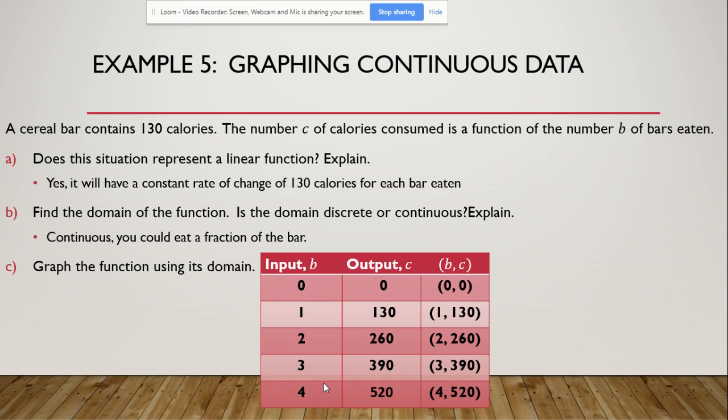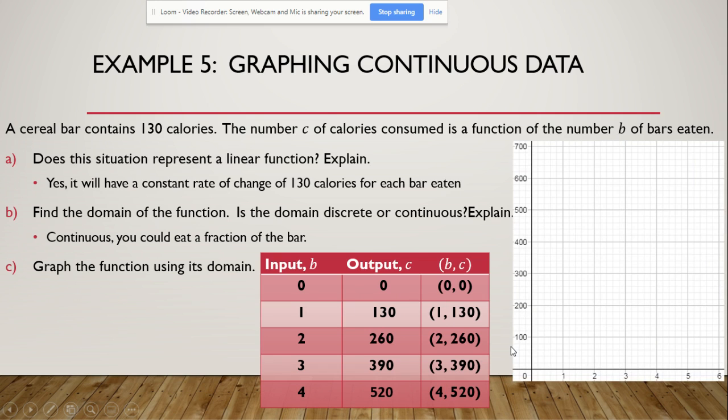These are just ones that I chose so that I could get enough dots to draw a line. If I ate 0 bars, I ate 0 calories. Ate 1 bar, 130 calories, 2 bars, 260 calories. Turned those numbers into coordinate pairs. Okay, now we get our graph. And we start graphing those. So 0, 1, 2, 3, 4.